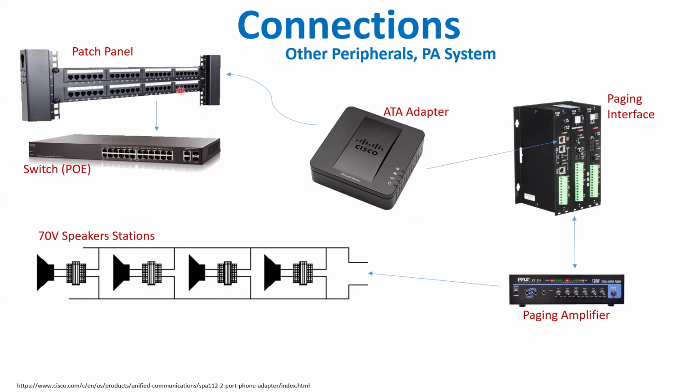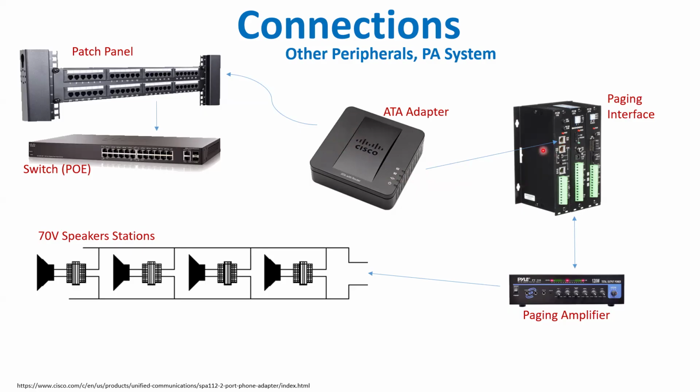What happens? You dial it because it's pretending to be a phone, so it's going to have an extension number, usually 4-digit or something like that for the bigger systems. You dial that extension number, this thing is going to make that POTS jack ring. It's going to send the ringing signal to the paging interface. Paging interface is going to sense that ringing signal, and it's going to automatically respond.